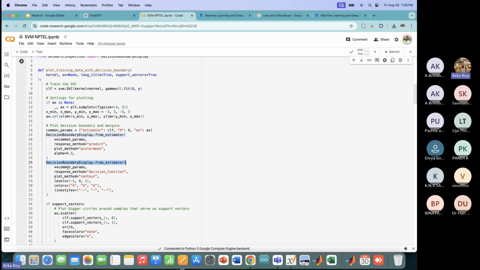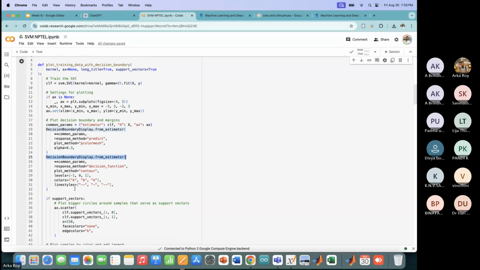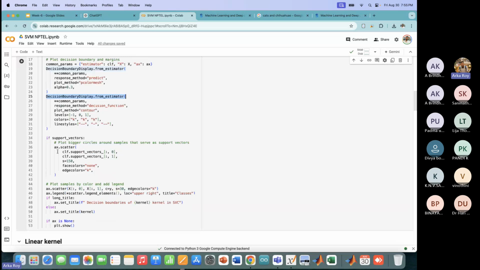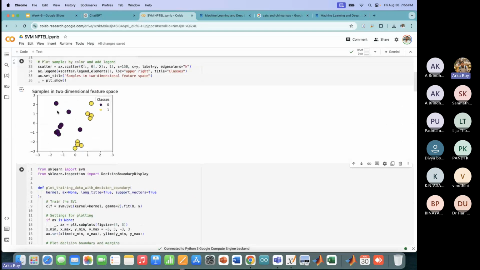You can go to sklearn's library and see all the arguments and what they mean. Now, at the same time, from the decision surface that SVM will give you, we will also try to see what the support vectors are, because SVM is all about finding the support vectors as well.